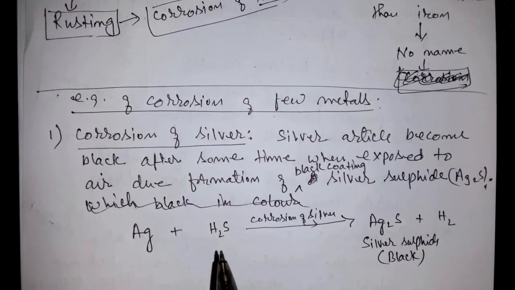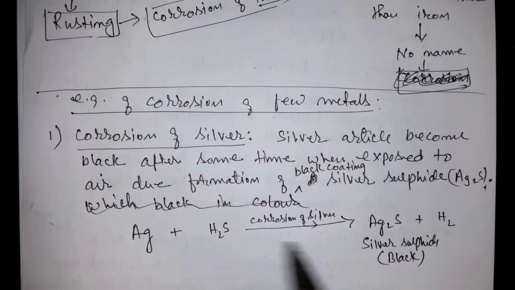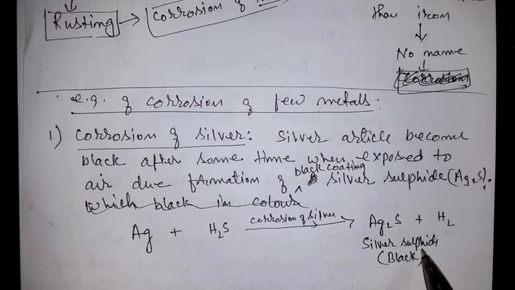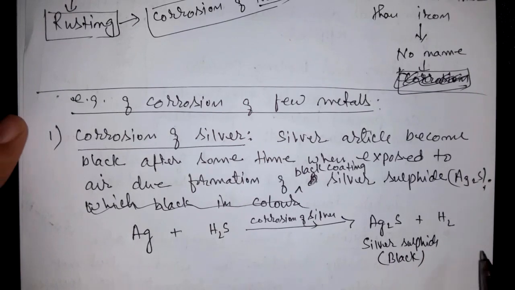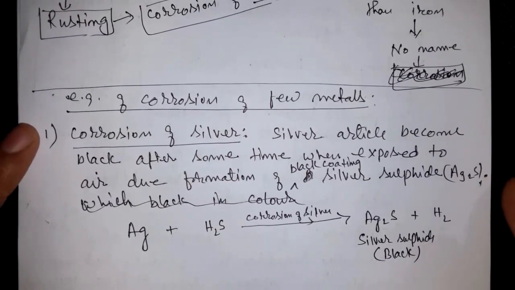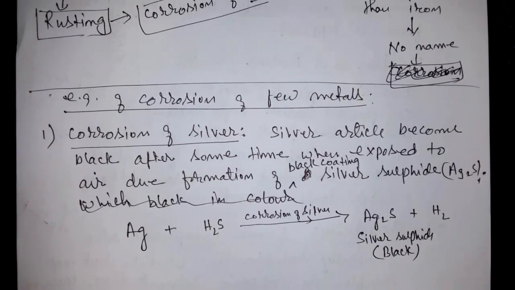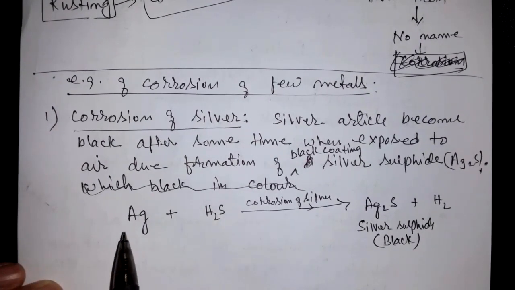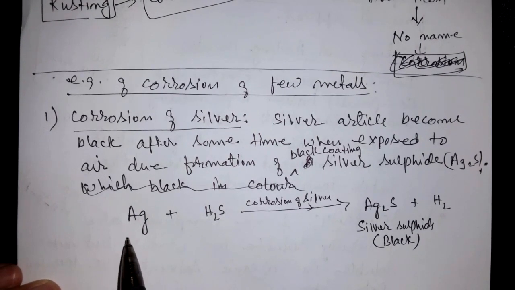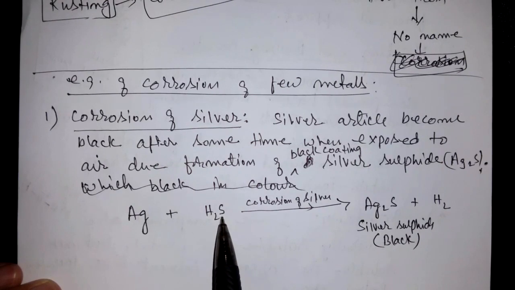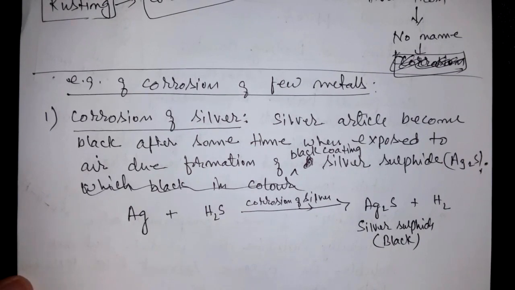So silver will react with the sulfur from H2S and form a black coating of silver sulfide, and due to this, silver slowly becomes black when exposed in the atmosphere. The reaction is just for information, it is not mentioned in the textbook. Sulfur will not be directly present in the atmosphere. Sulfur will be in the form of H2S, that means in the form of a compound.